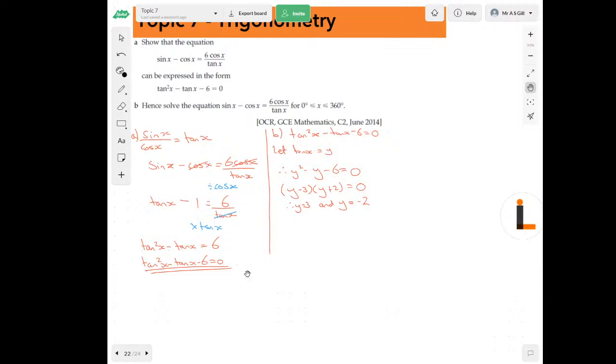And then we get, therefore, tan x equals 3 and tan x equals negative 2. And we can go through and solve and find those values of x within our range here.